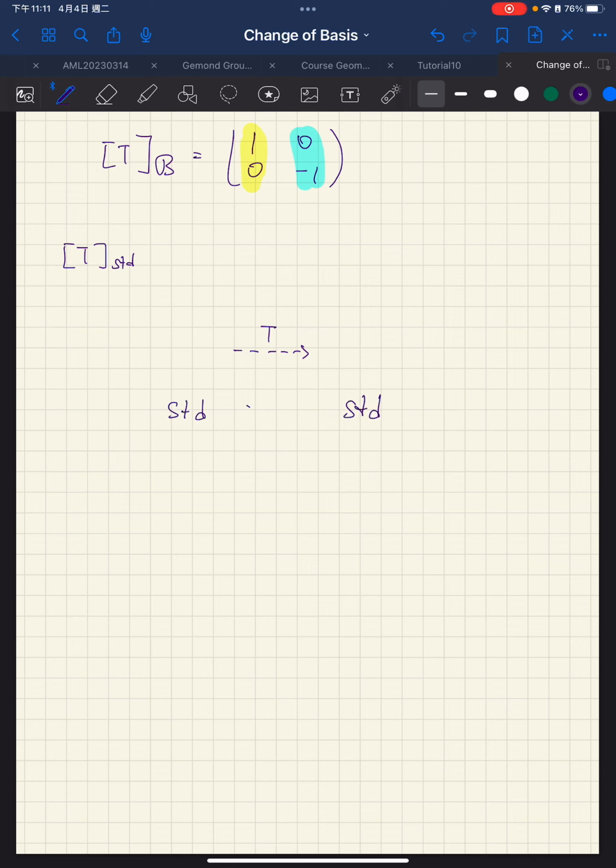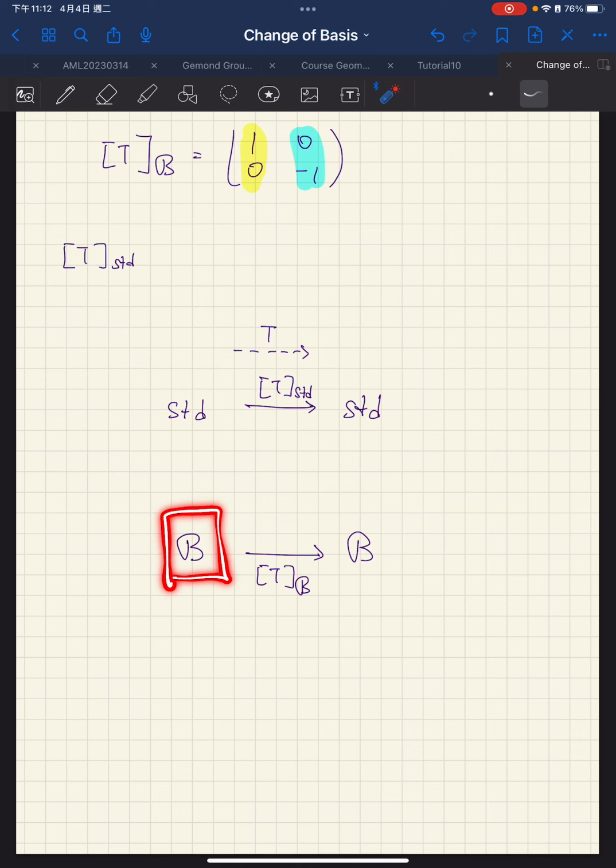What is this? This is T_standard, because from left to right we always insist that there is a T transformation. So it's a T transformation in terms of the standard basis, because these two are the standard basis. So if I have the B basis, what would be the linkage? The linkage is actually T_B, because the input is in the B basis and the output is also in the B basis. So the horizontal action is T, and that's why this is a T matrix in terms of the B basis. Okay, easy.